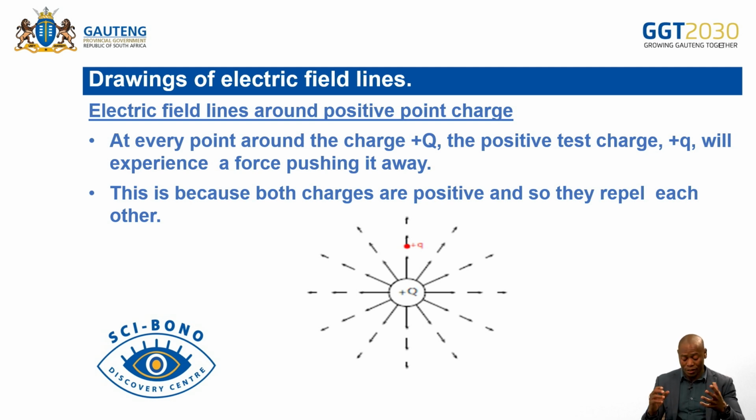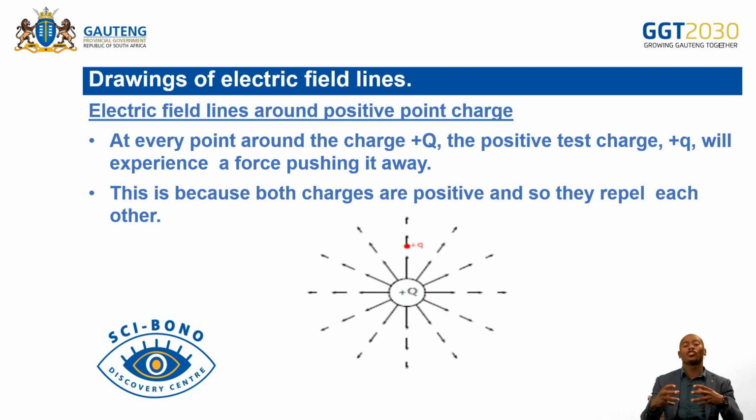We will start by drawing those electric field lines, but please make sure that you follow the properties of electric field lines when you draw them. Okay, so how do we draw them? Make sure that the lines do not intersect, touch or cross each other.